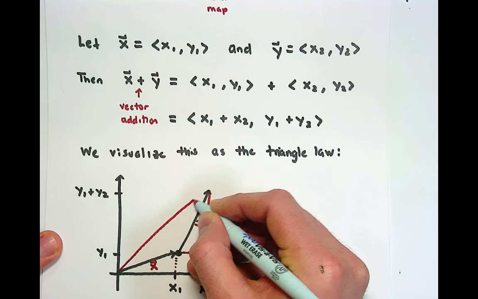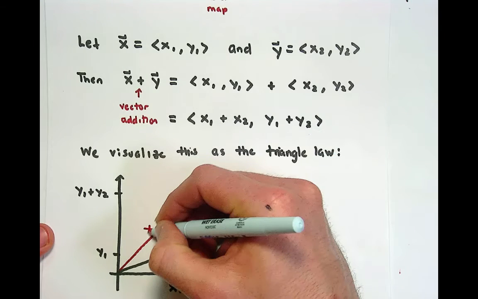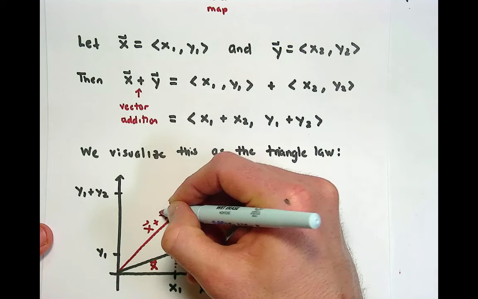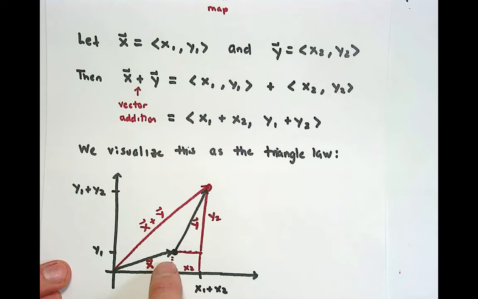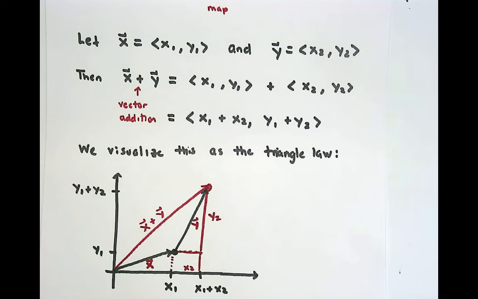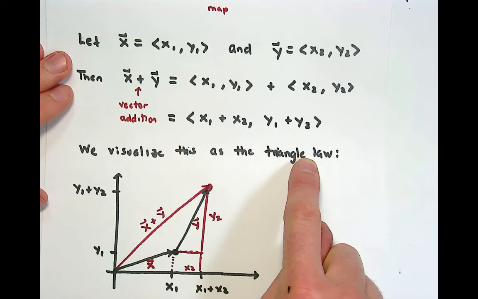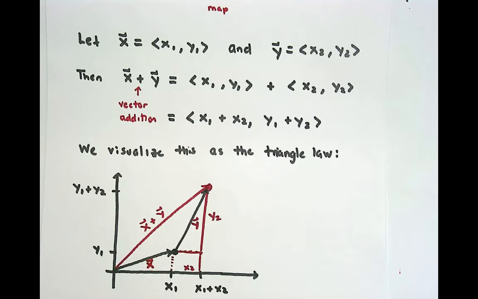It's the vector connecting the origin, the initial point, to this one. Here's the sum. This is x plus y. Because first I go along x, then I go along y. Notice that these three together form a triangle that we're visualizing as the triangle law.